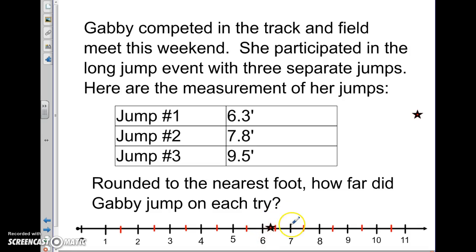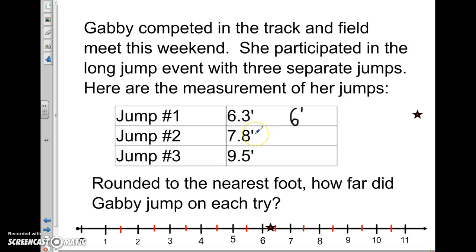Is it closer to 6 or is it closer to 7? And we can see when we put it on a line plot, really visually, that it's closer to 6, right? So the first jump, she jumped about 6 feet, closer to 6 feet than 7 feet.